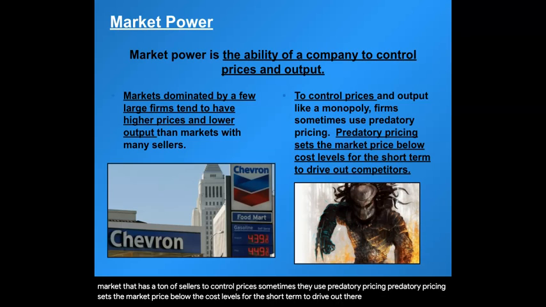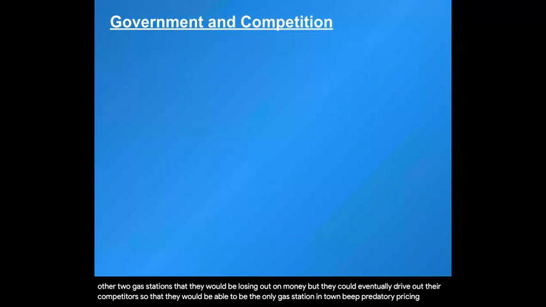That would be like if a new gas station came to town and was trying to compete with Chevron and Shell, they could charge 50 cents a gallon cheaper. While they wouldn't be making a profit, they could be taking enough business from the other two gas stations that they could eventually drive out their competitors and be the only gas station in town. That would be predatory pricing.